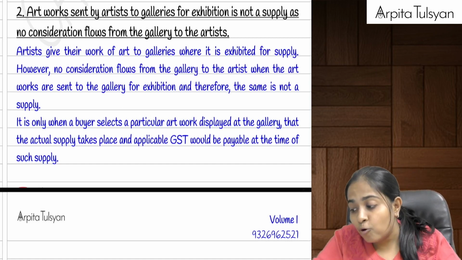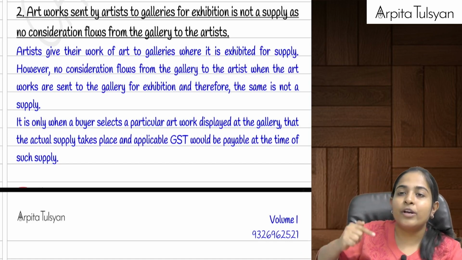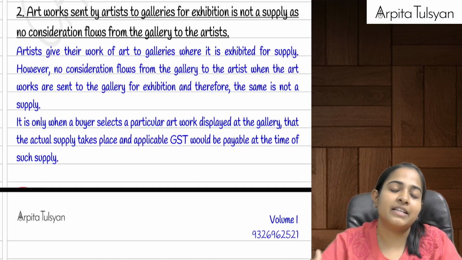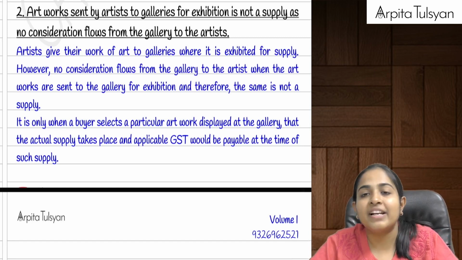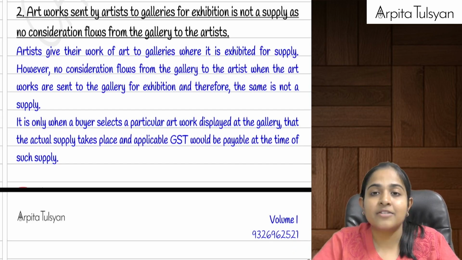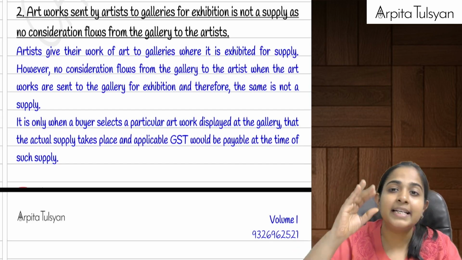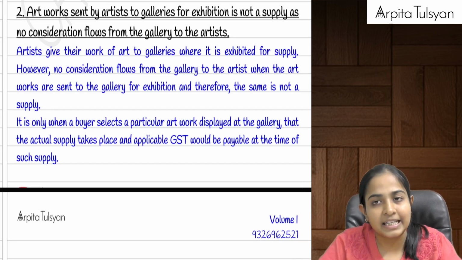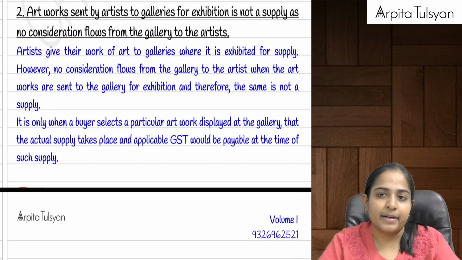Answer is no, because there is no consideration flowing from the art gallery to the artist. I will receive the consideration only if it is sold. So even if I have physically sent my paintings to that particular gallery, still it will not be considered as a supply. Right?